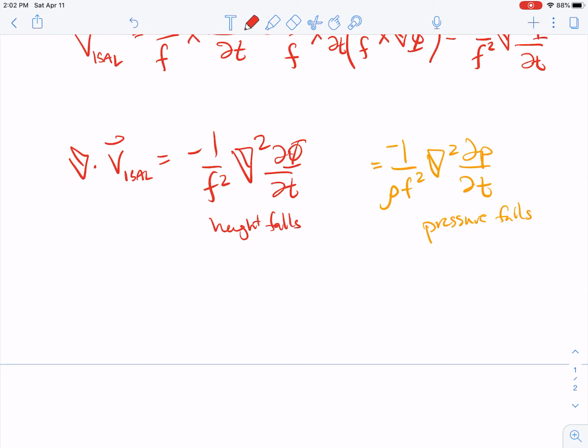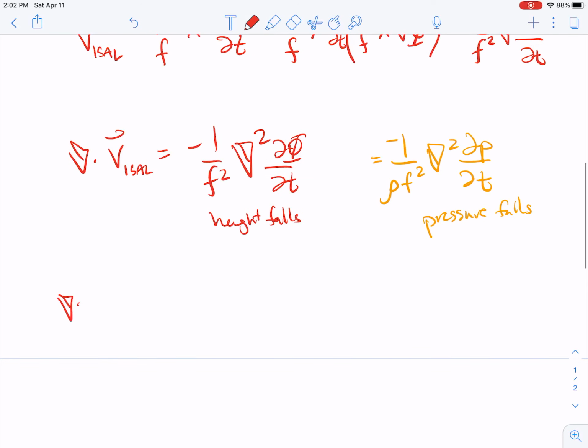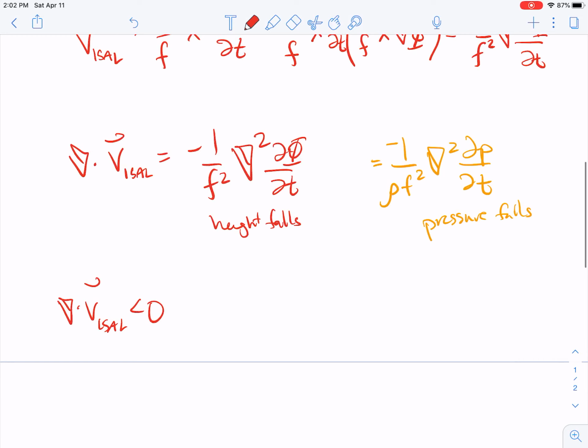And so if we have del dot V_isallobaric less than 0, that means then our term for our pressure falls is going to have to be also less than 0. The whole term would be less than 0, such that we know we have the minus sign, so that would make it less than 0 already, so that the combination of the rest must be less than 0.